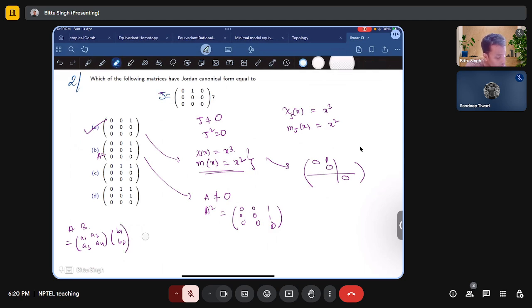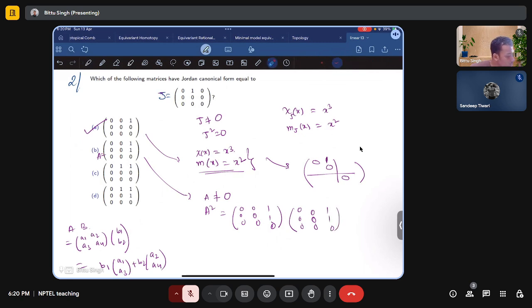This part will be easy to see. Multiplying is the same as taking a linear combination of the columns: B1 times the first column plus B2 times the second column. So if you multiply twice, that is again 0, 0, 0, 0, 0, 0, 1, 1, 0.